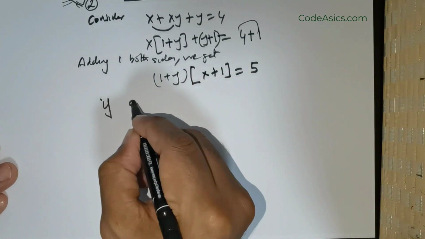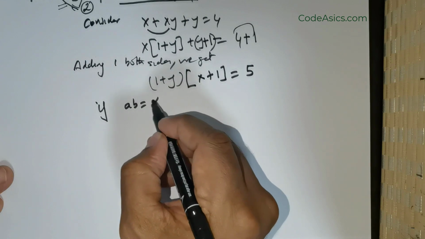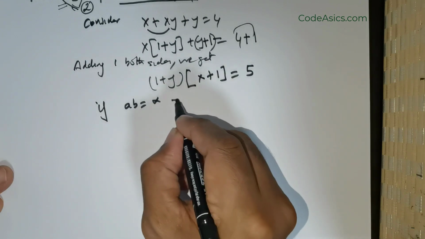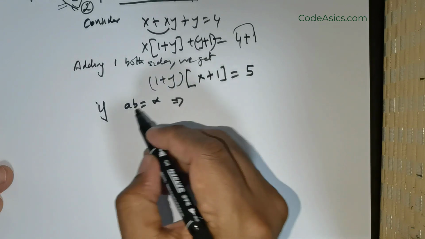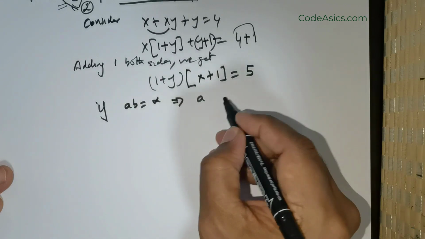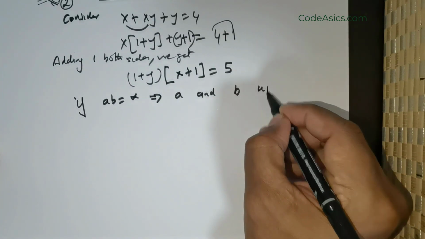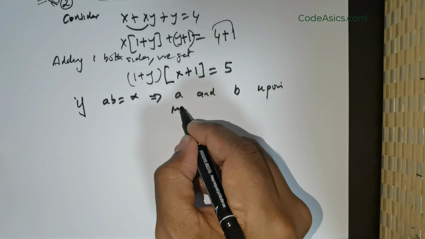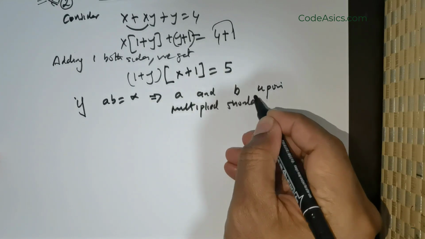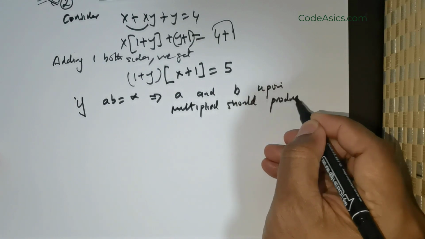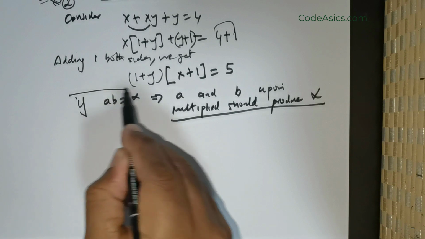Now from the law of algebra, if AB is equal to say some alpha, then this would mean the components A and B upon being multiplied should produce alpha. So that is the idea.